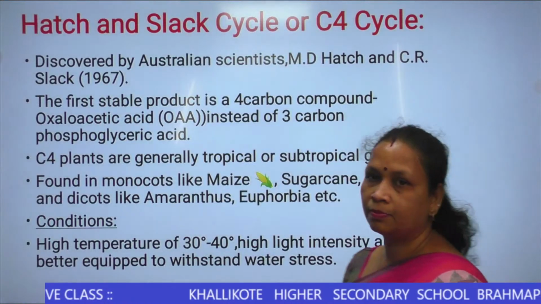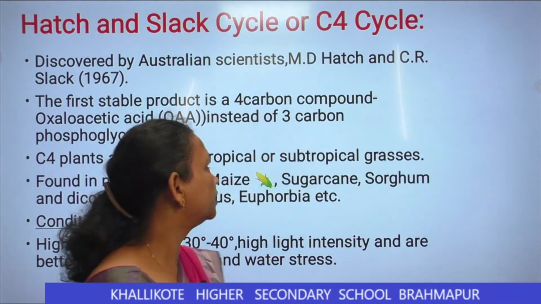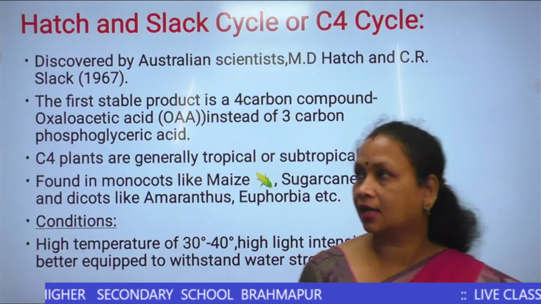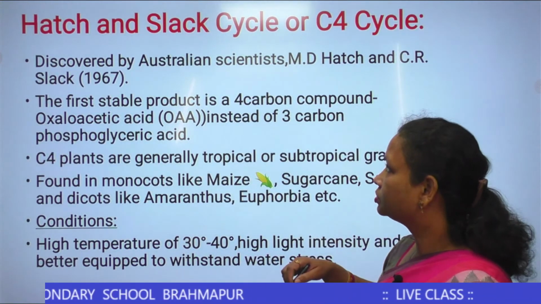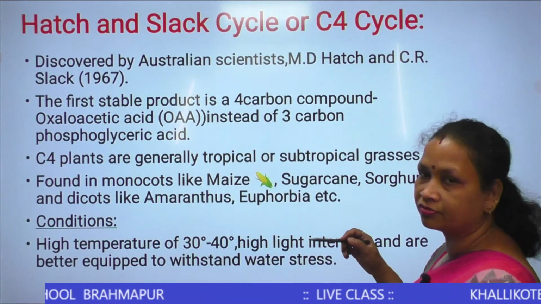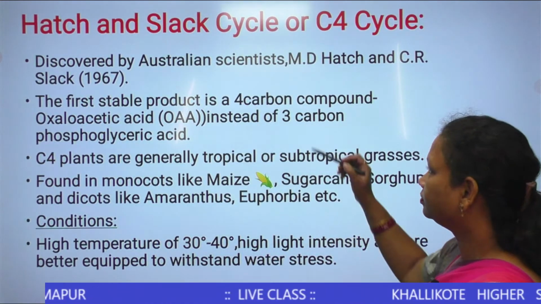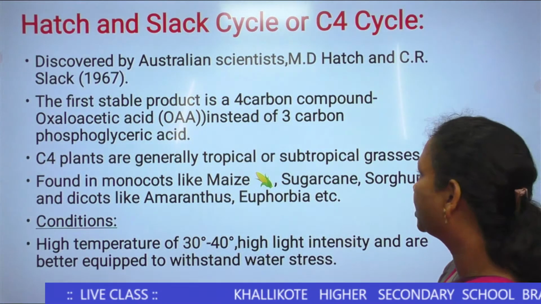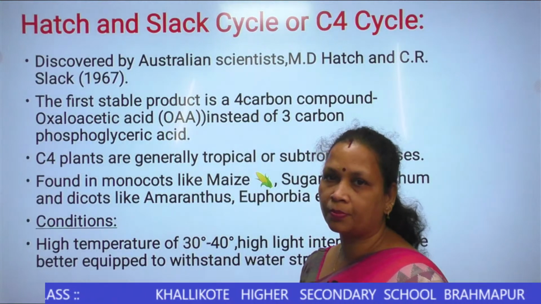This path was worked out by Hatch and Slack, two Australian scientists, in 1967. It was found that in some plants, the first stable product is a 4 carbon compound instead of the 3 carbon compound PGA.